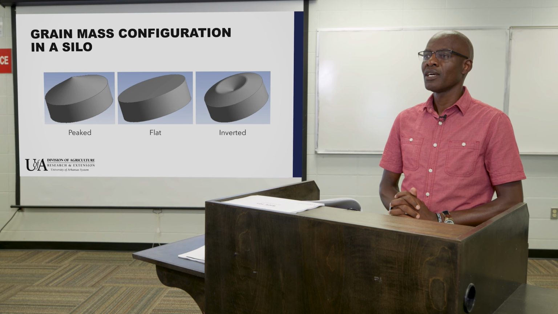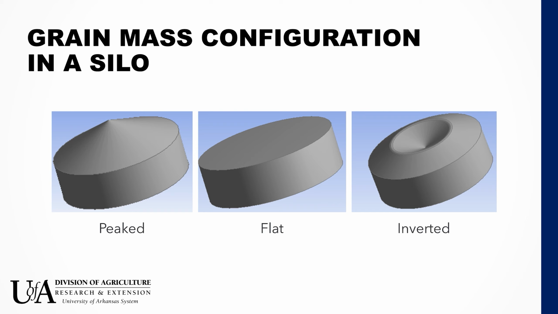And so this figure is just to show you some of the configurations that we would expect in a typical grain bin. The peaked configuration there is the natural way that you would expect. You can see the conical shape when the rice is filled within the bin, because again that is natural, because rice, just like any other grain, has what we call the angle of repose.